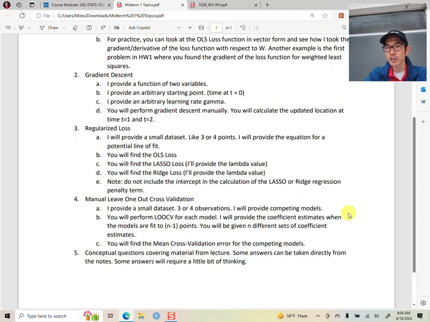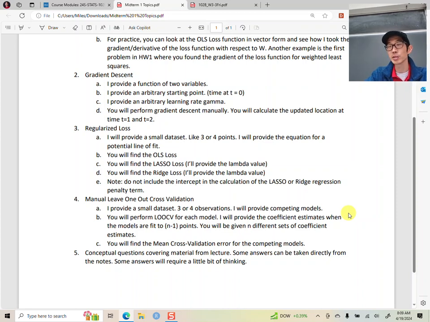For this, I'll have 2 competing models, and I will ask you to perform leave one out cross-validation. So you'll find what's the residual with this model and what's the residual with that model.